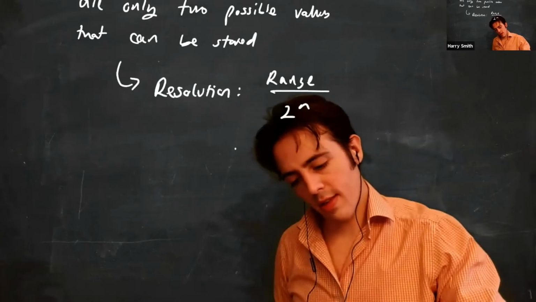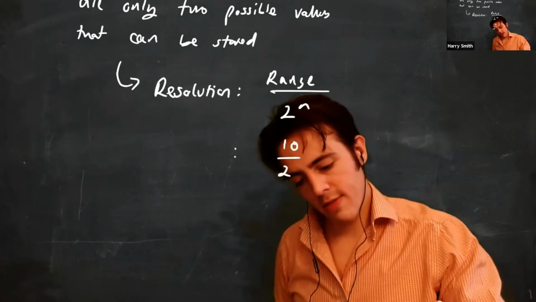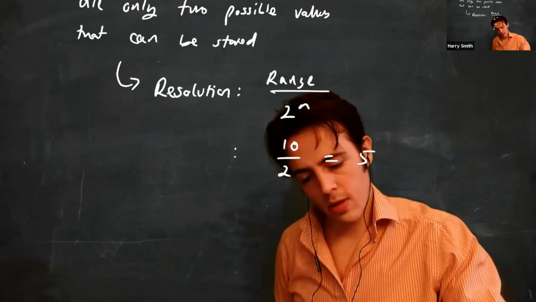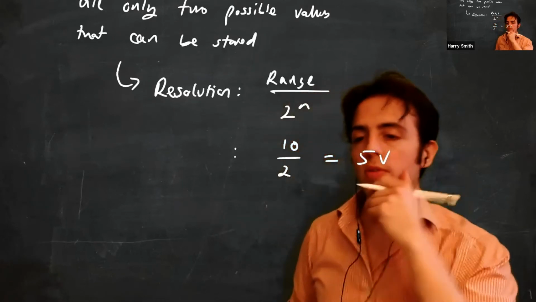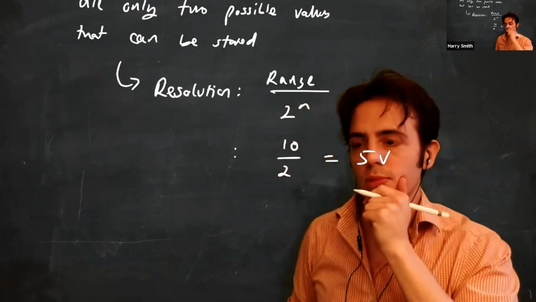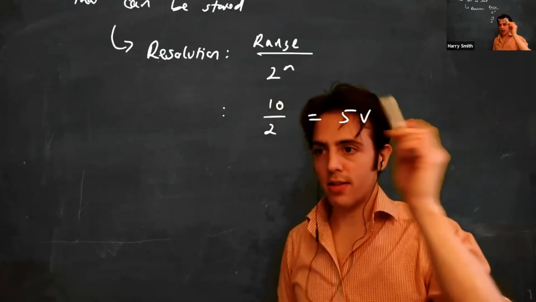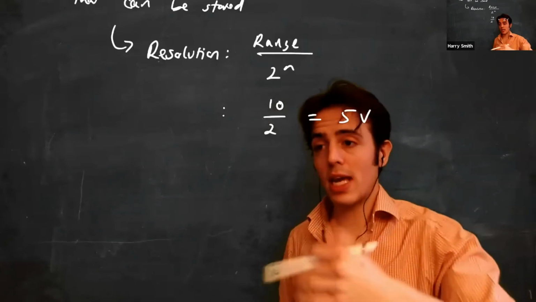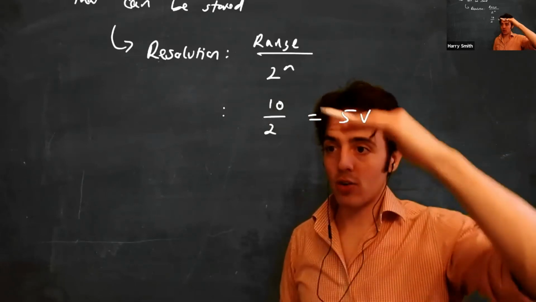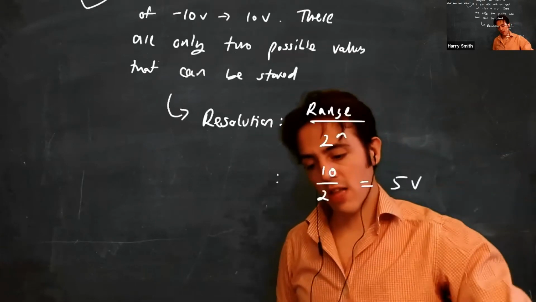So for this example, this would be 10 divided by 2, which would be 5 volts. What this means for our purposes is that that's the gap between the individual vertical separation of each of our values that we can store.